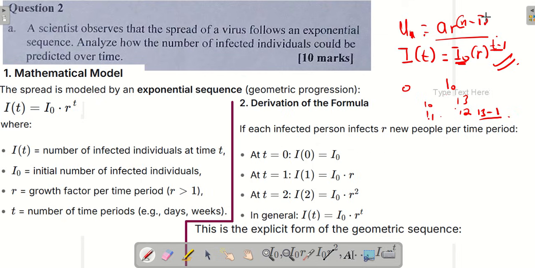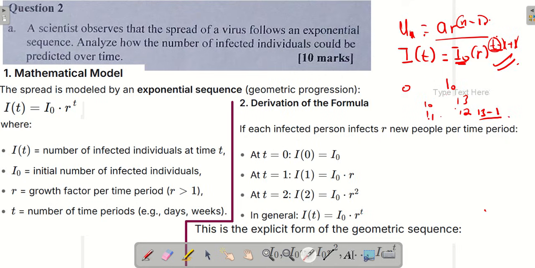So when you add 1 to n minus 1, the negative 1 will cancel the 1, and you get back n. So the formula becomes un is equal to ar to the power n, since we are going to start with n is equal to 0. If we start with n is equal to 1, the formula is ar to the power n minus 1. So that is the reason why we are using this formula.